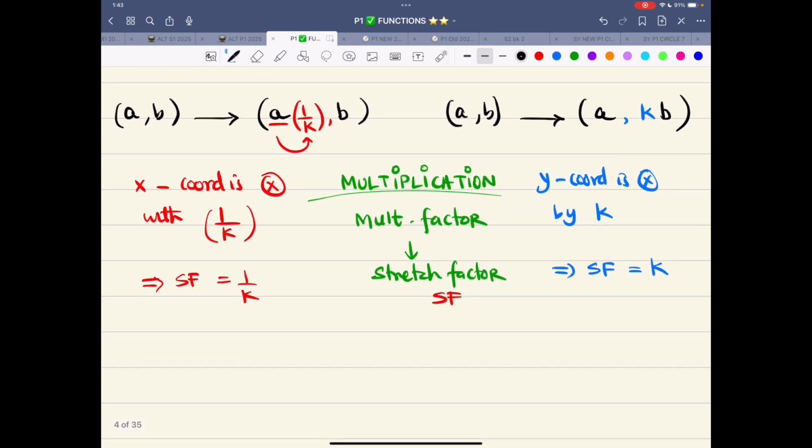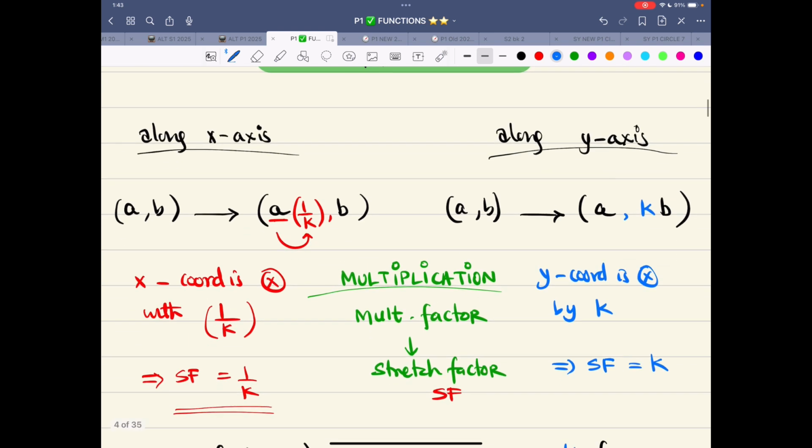Now, how will the equation look like? y = f(kx). If k is written, that means the stretch factor, the scale factor is 1/k. Over here, I'll write y = k f(x), with k on the outside.